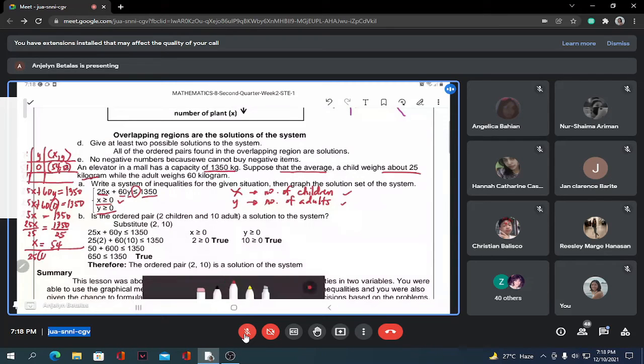Next, if x is 0: 25 times 0 plus 60y equals 1,350. 25 times 0 is 0, so 60y equals 1,350, divided by 60. Is it clear on your screen?